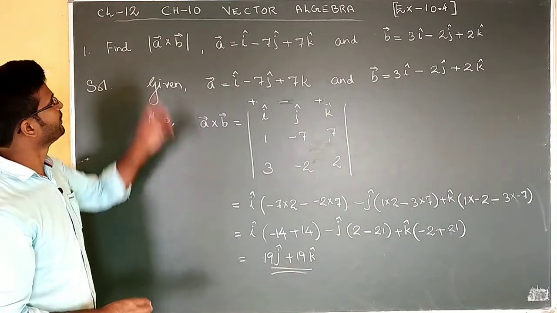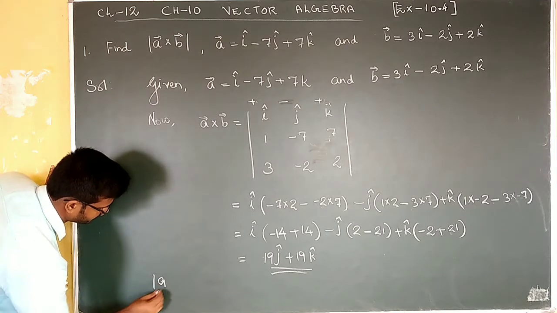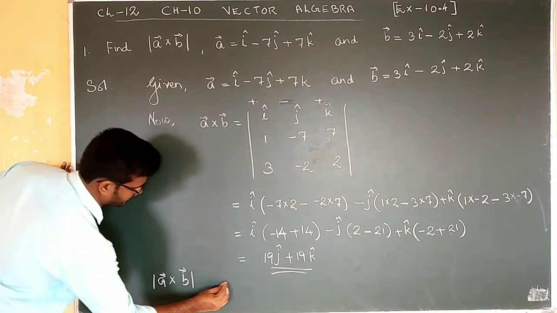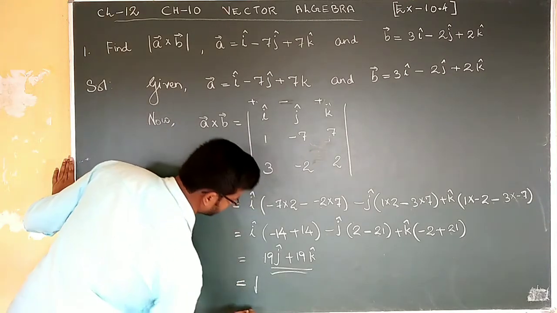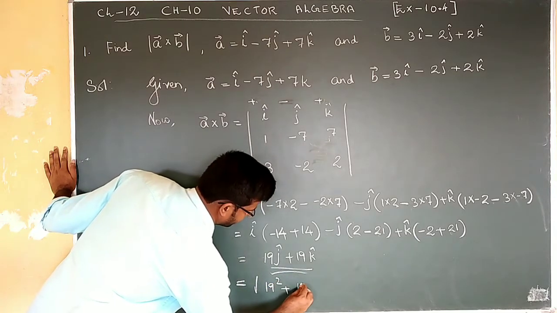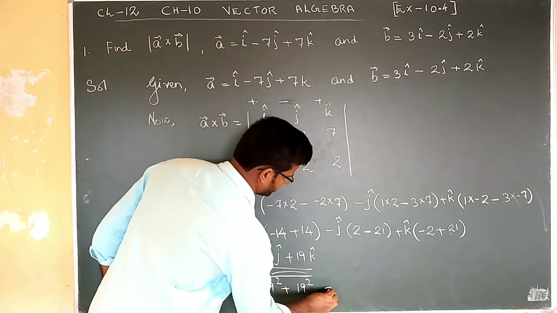What is our question? We have to find the magnitude. Magnitude of A cross B equals the square root of 19 squared plus 19 squared.